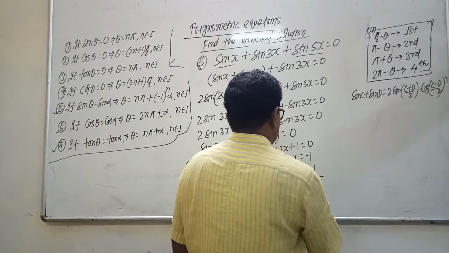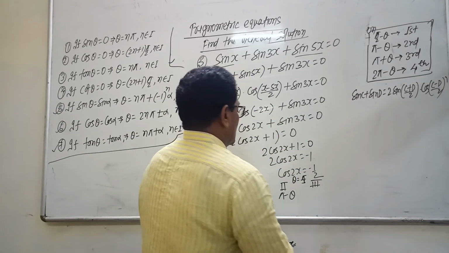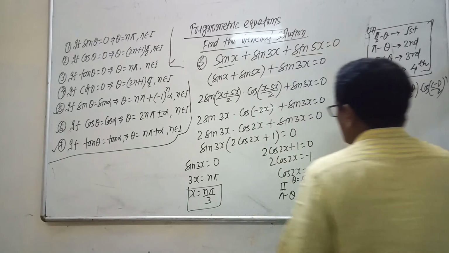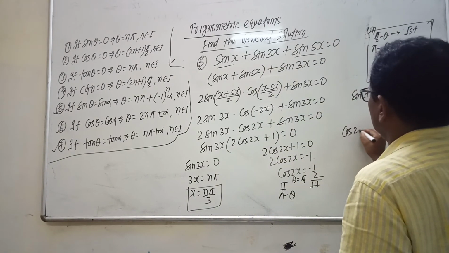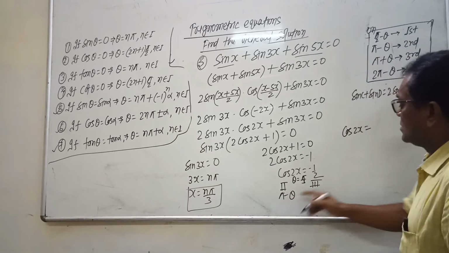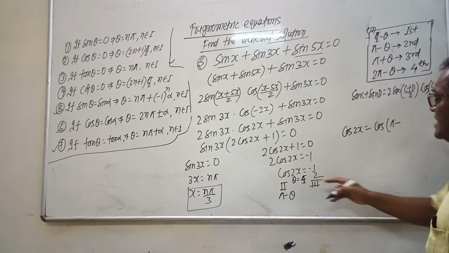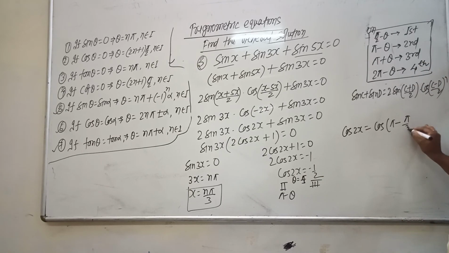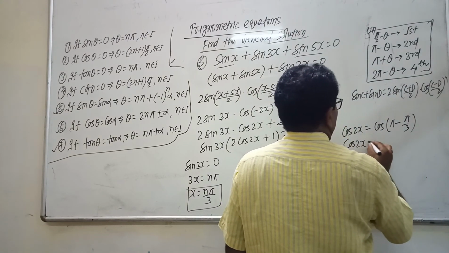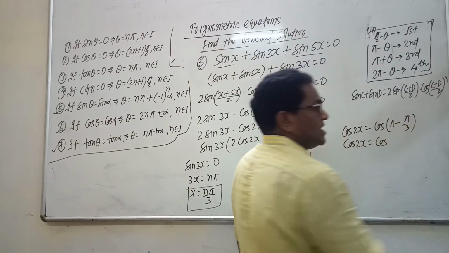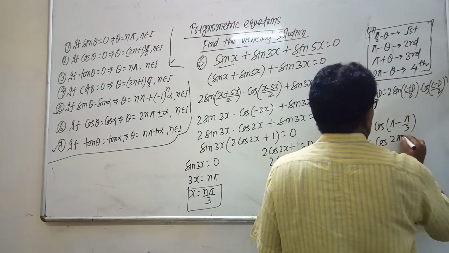So theta equals 60 degree, pi by 3. So this cos 2x is written as cos of (pi minus theta), and the value of theta is pi by 3. So cos 2x equals cos of (pi minus pi by 3), this is 2 pi by 3.